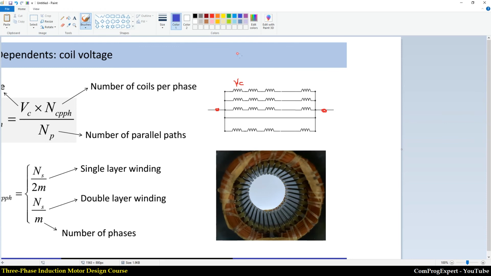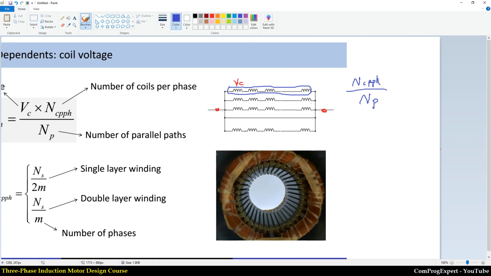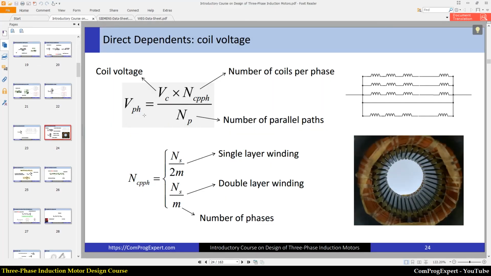The number of coils in one parallel branch is the total number of coils per phase divided by the number of parallel paths, NP, right? So finally, if I multiply this by the coil voltage, this will be equal to the phase voltage, right? So we have this equation here.